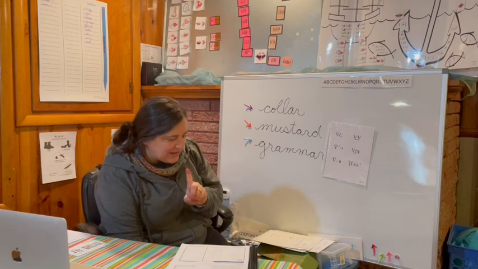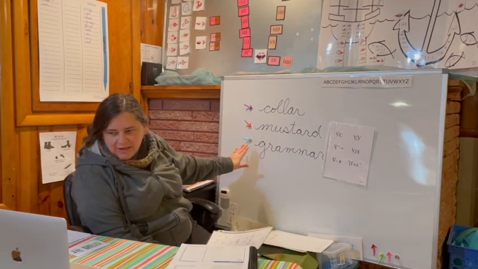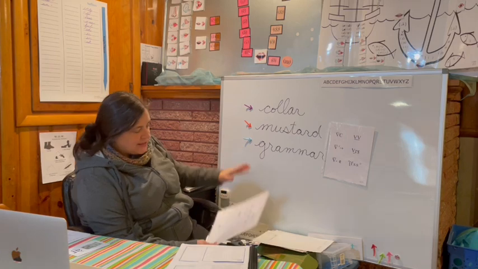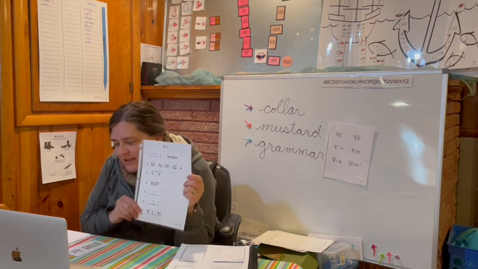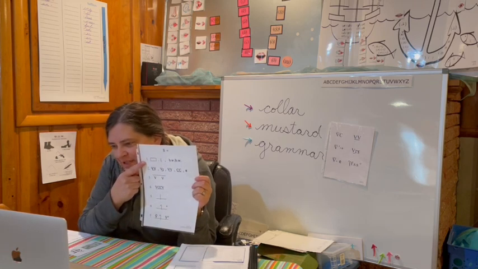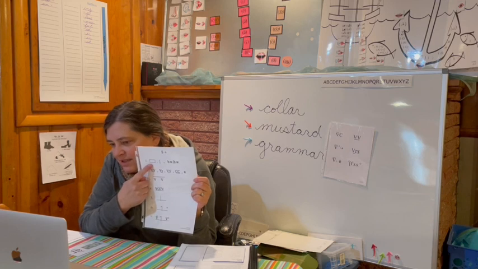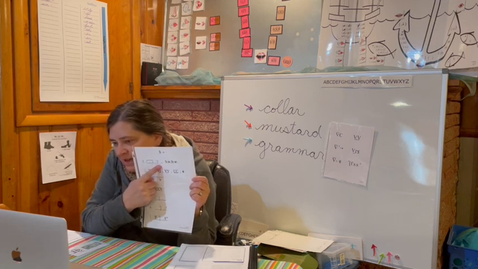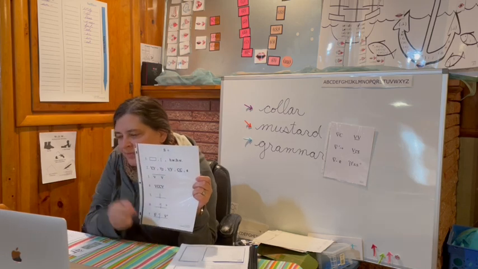So let's review how we divide things into syllables. Notice all three of these words have 2 syllables. So here's our syllable division chart. The first step whenever you need to divide a word is to look to see if there are any suffixes or prefixes, any final stable syllables, or if there are 2 base words put together.